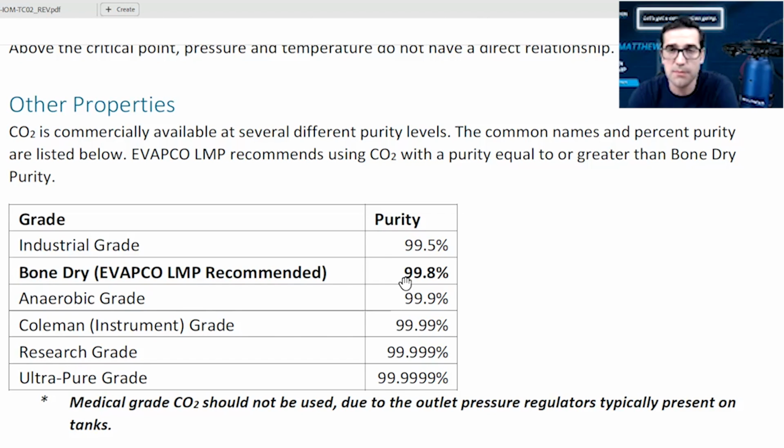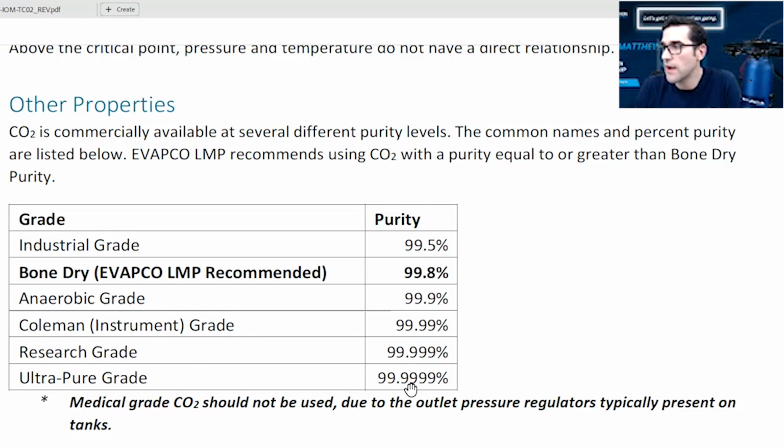What grade is it? What's the purity level? Unless you call the gas manufacturer themselves, if you're talking to a wholesaler, they probably don't know. Some of them may, but I really doubt it. I know you'll be going to Linde, Airgas, or A-Supply, maybe Air Liquide. There's lots of different ones, but you've got to understand that stuff.